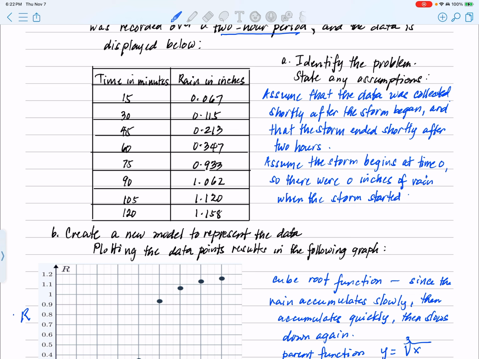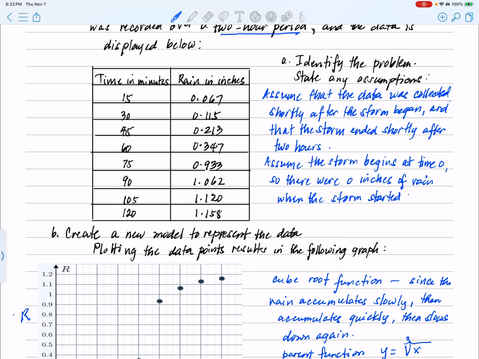Since we cannot research the specific storm, we need to make assumptions about when the storm began and ended, and how this relates to the times when the data was collected. We also need to make an assumption about what most rain accumulated means. Let's assume that the data was collected shortly after the storm began and that the storm ended shortly after 2 hours.